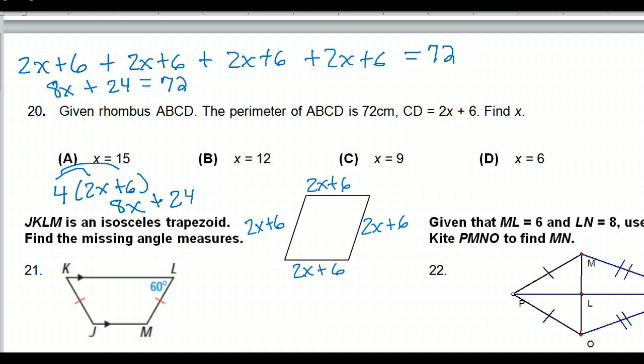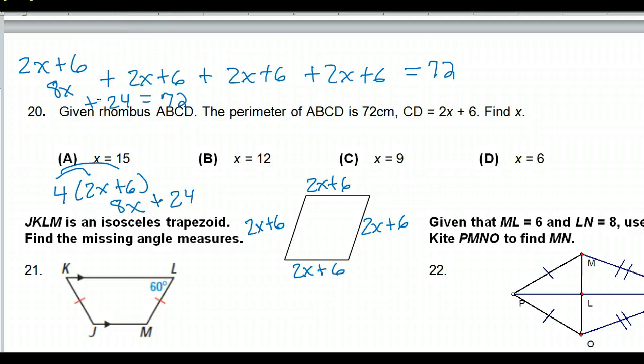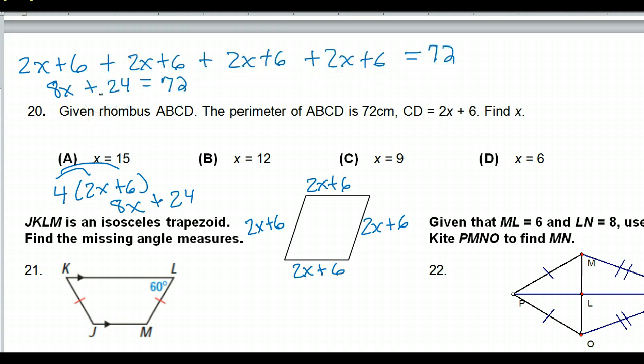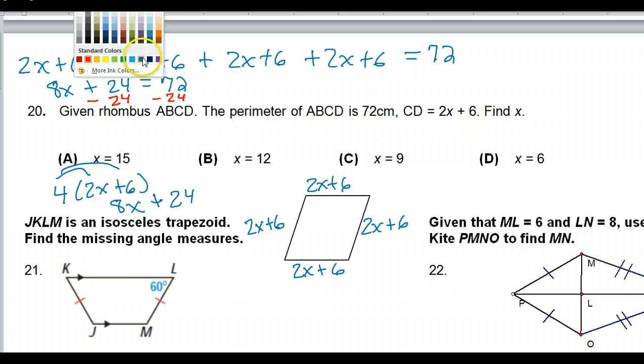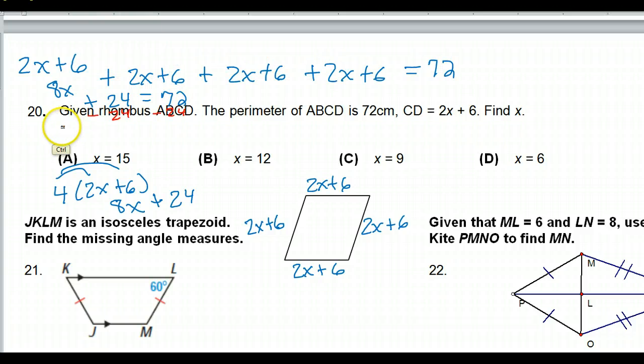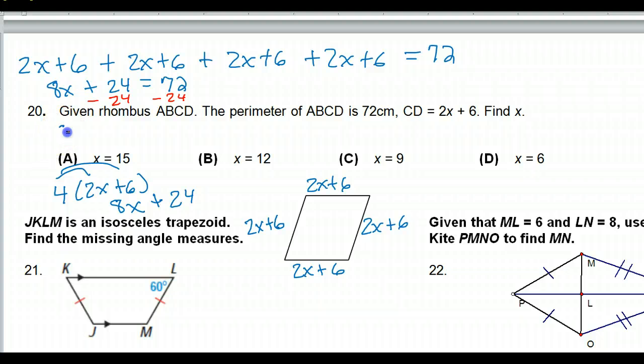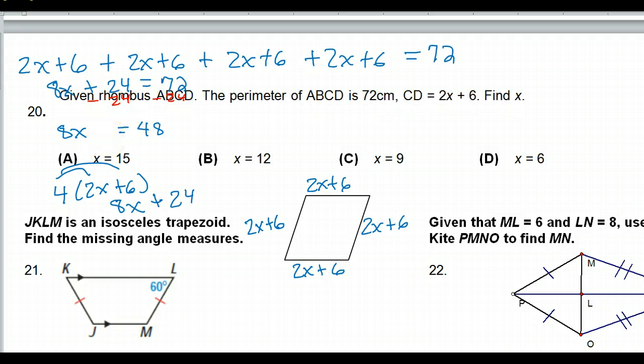Alright, so guess what? We subtract 24 from both sides. So minus 24, minus 24. That's going to leave me with 8x is equal to 48.